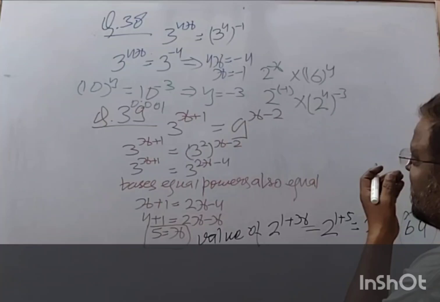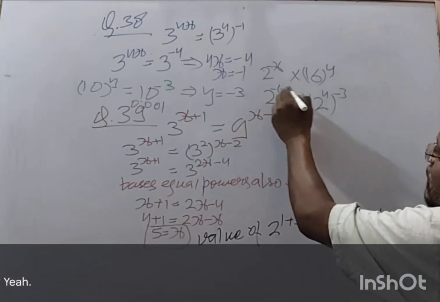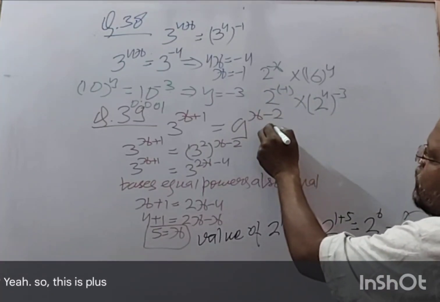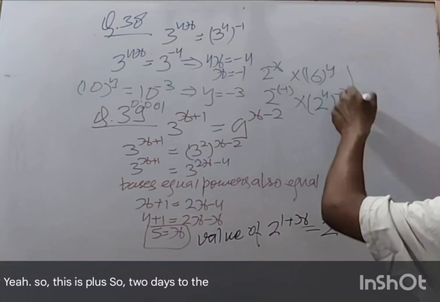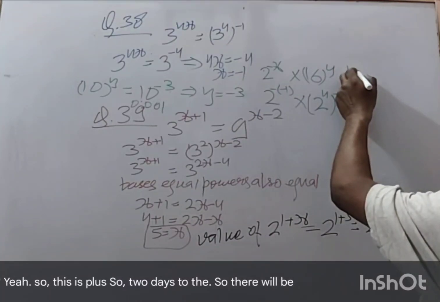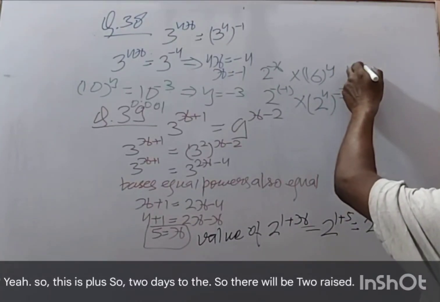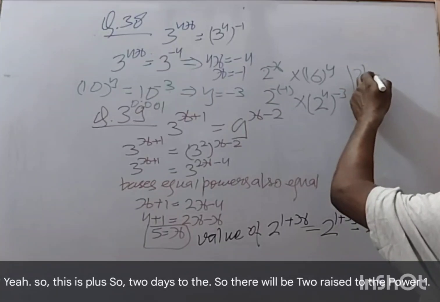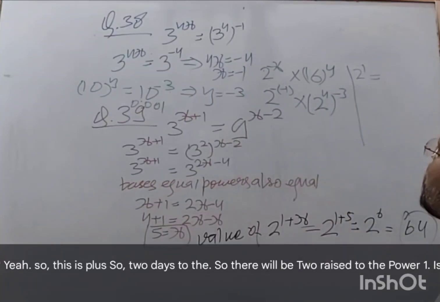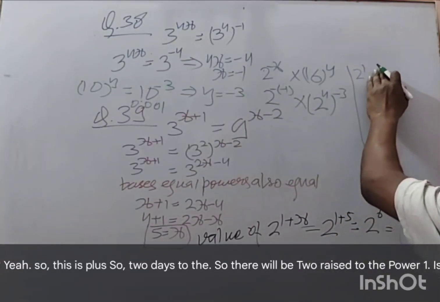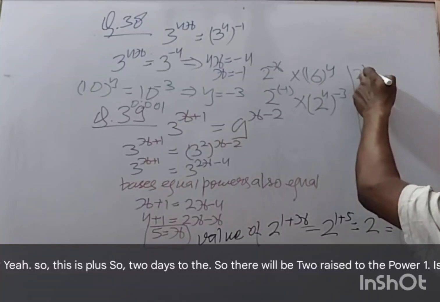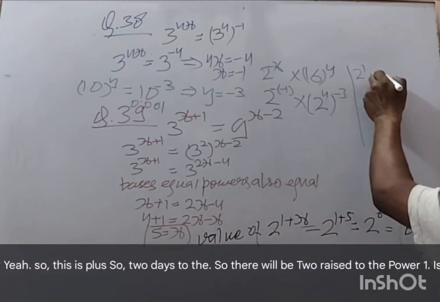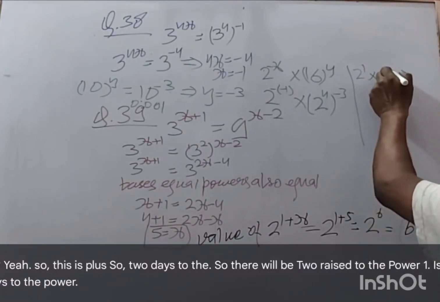How much has it become? So this is plus. So 2 raised to the power 1 into 2 raised to the power -12.